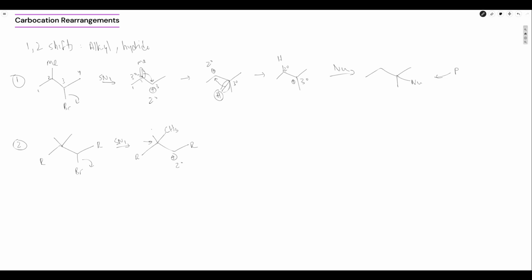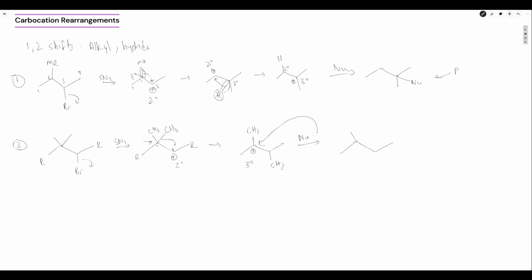One of these CH3s can just do a 1-2 shift. Position 1, position 2, you can say. It just does a 1-2 shift like this. And what you get is this. You now have a tertiary carbocation. And when the nucleophile finally comes in to trap the carbocation, nucleophile could be anything. It could be methanol. It could be water.